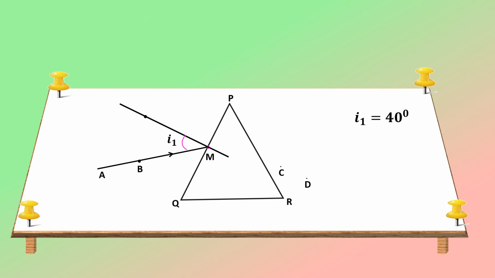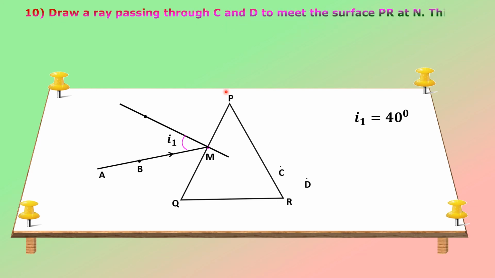Now we have to draw a ray through CD to meet the surface at N. Draw a ray passing through C and D to meet the surface PR at N. This ray indicates the emergent ray.